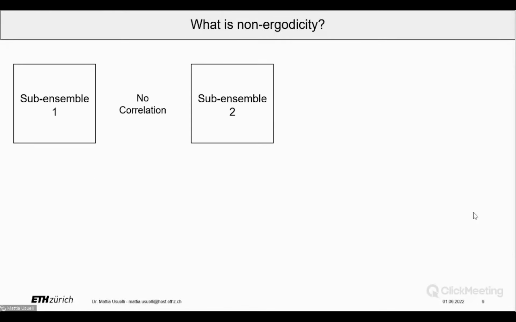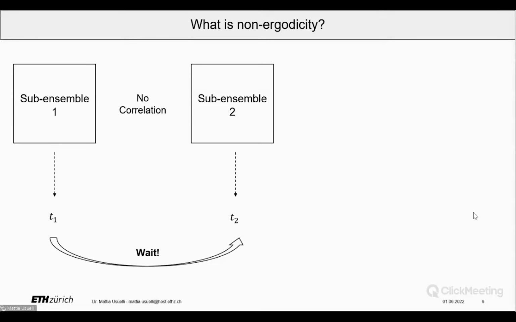So what is non-ergodicity? These different areas of the sample have different absolute configurations and different behavior; sometimes they are different sub-ensembles. So let's imagine that we have sub-ensemble 1 and sub-ensemble 2, which have no correlation among each other. Usually, in typical dynamic light scattering measurements, when the ergodic hypothesis holds, I can go from sub-ensemble 1 to sub-ensemble 2, which have no correlation, simply by waiting.